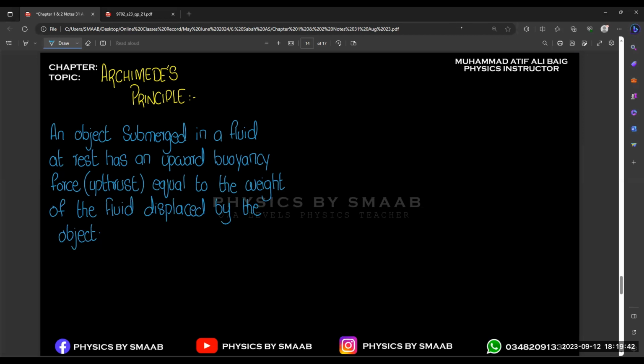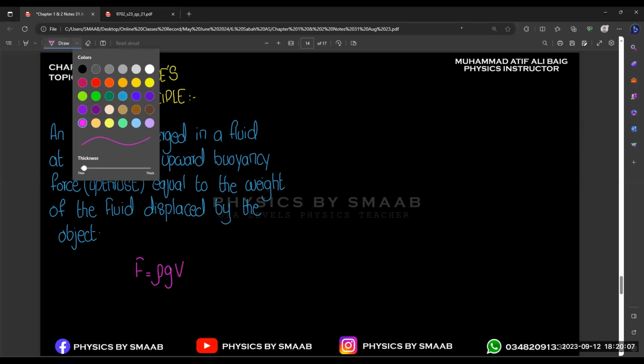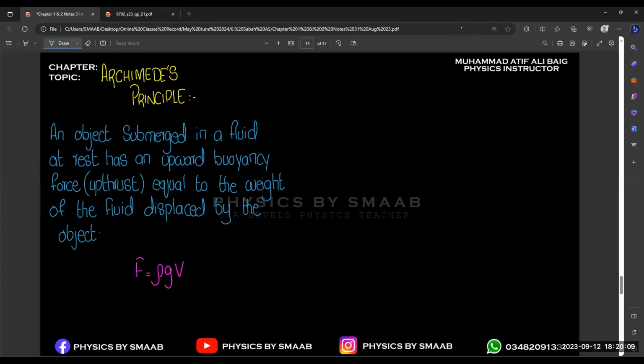And further, if you want to write the equation, it will already be given in your paper, as we already discussed in the last paper. The equation is mentioned in your paper, related to the buoyancy force or the upthrust. So basically, F equals rho g V, where V is the volume, rho is the density. This is for the upthrust.